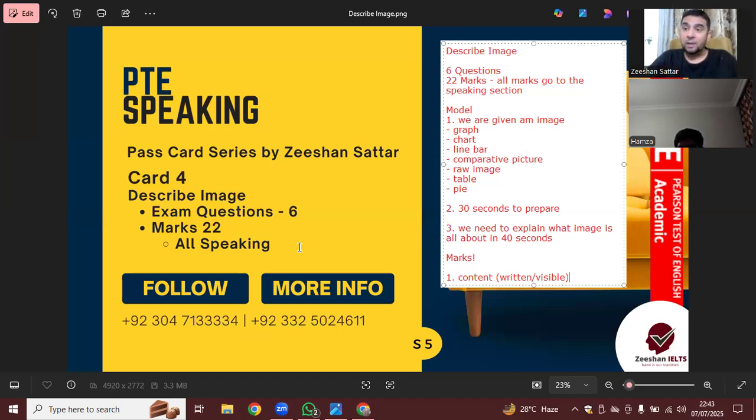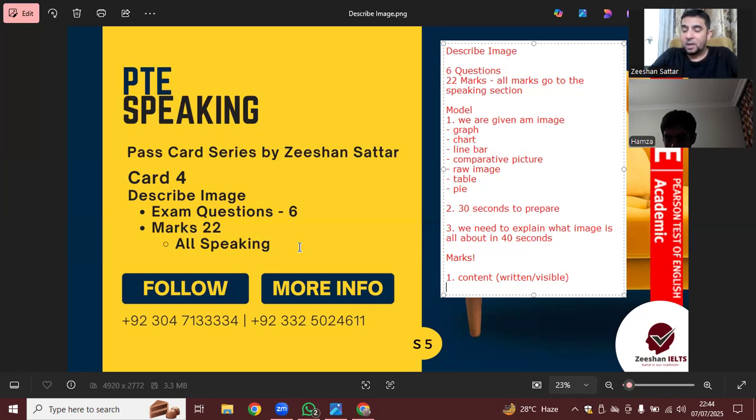The word line is not written, but if I am looking at a line, I can say that the picture explains the analysis with the help of a line, with the help of certain bars. So content means what we speak that is either written on the picture or visible in the picture.